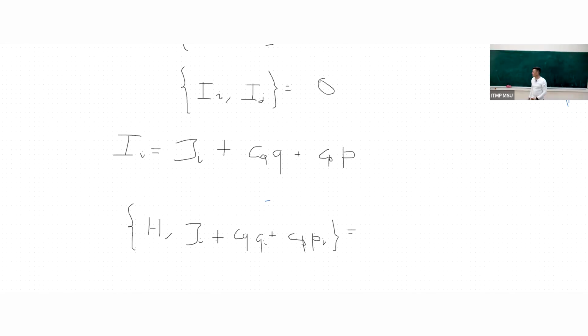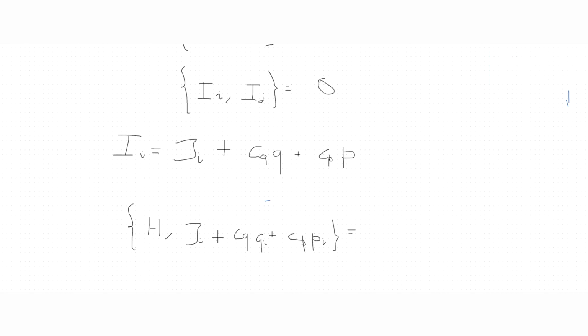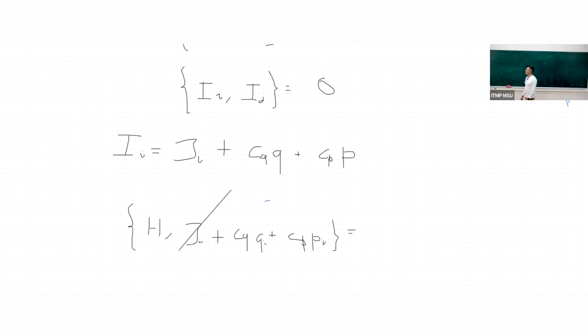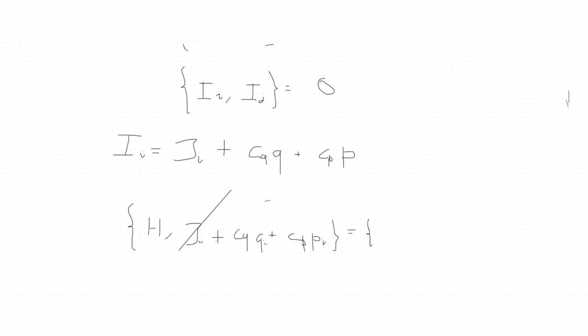Yes, you can. And for J_i, we already know that it is equal to 0. After that we have the expression for the Hamiltonian, which contains just the Q and the P. We can explicitly write the Hamiltonian, which is 1/2.